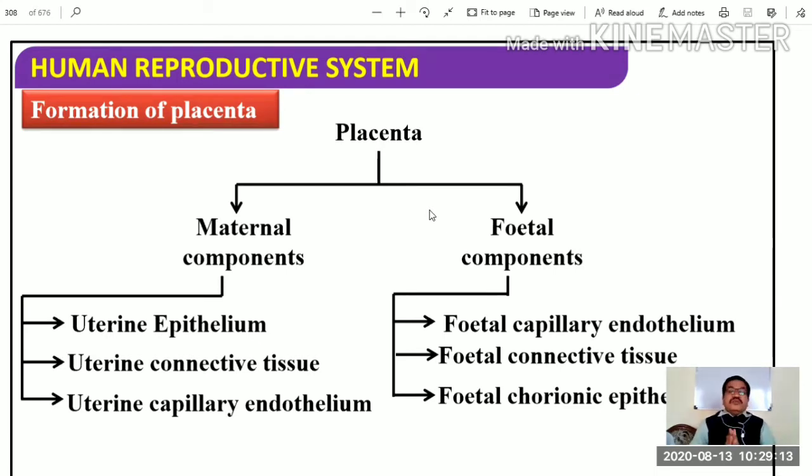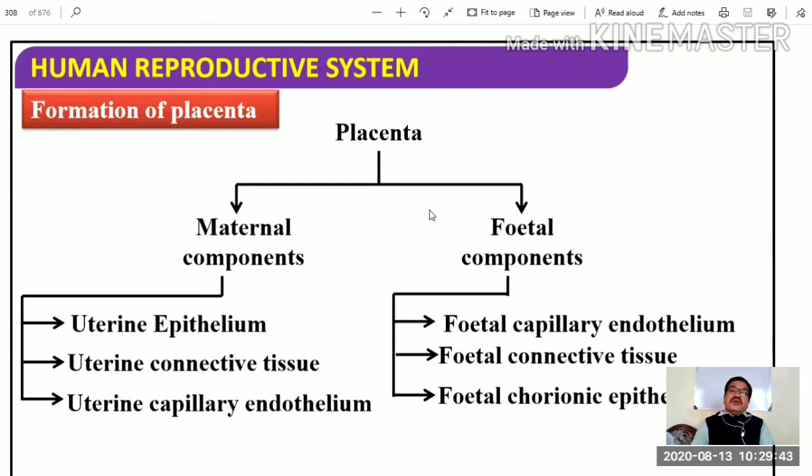Number one is the uterine epithelium, which also takes part in the development of the fetus. The uterine connective tissue also helps. Then the uterine capillary endothelium. All these are parts of the maternal components.